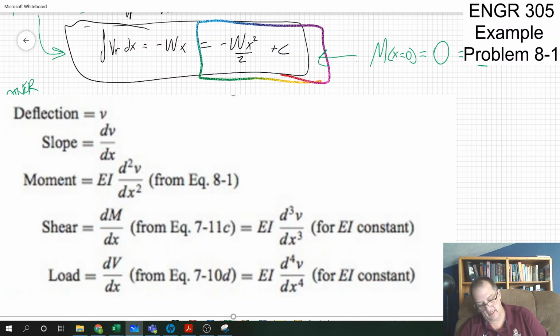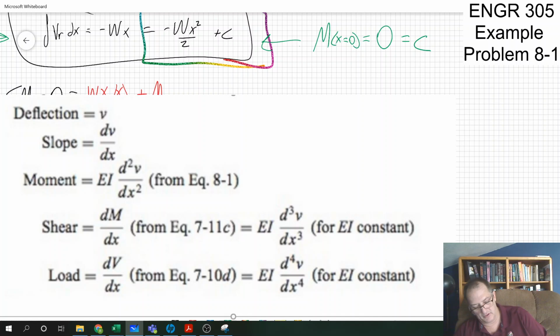And I didn't do this in lecture, and maybe I should have, but it's a simple rearranging. d theta dx is equal to the moment divided by EI. Then I'm just going to integrate both sides.